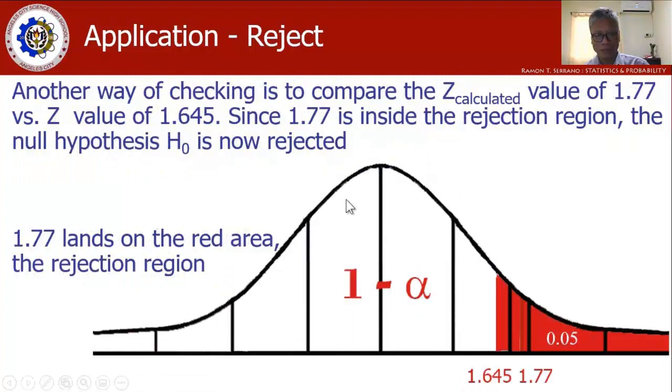I ended up with 1.77 as my calculated z, and now remember that the point on the x-axis that refers to the 0.05 alpha is 1.645, and therefore your 1.77 is greater than 1.645, and therefore it will fall within the red region. Now, because it falls within the red region, I can now reject the null hypothesis. It lands on the red area or the rejection region. Got the idea?